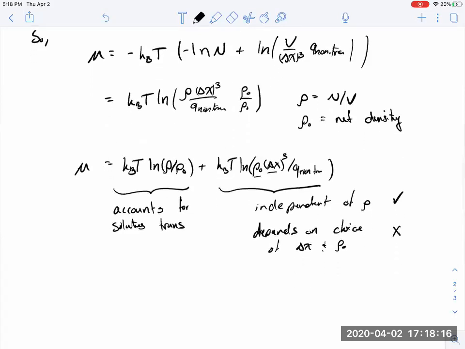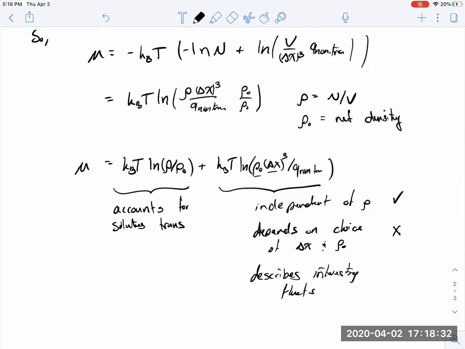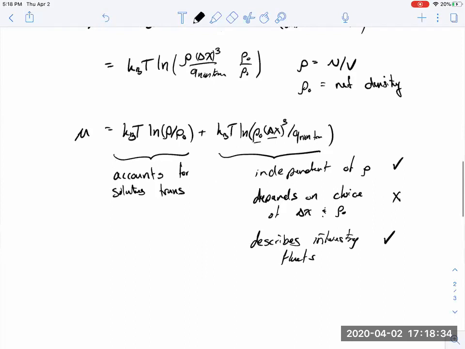It describes interesting fluctuations. All the non-translational parts of the partition function is isolated there. So that's nice. But by the same token, that means it's going to be very difficult to compute.